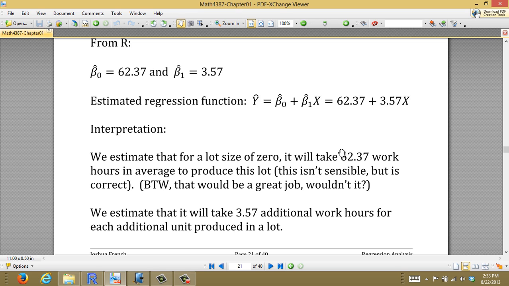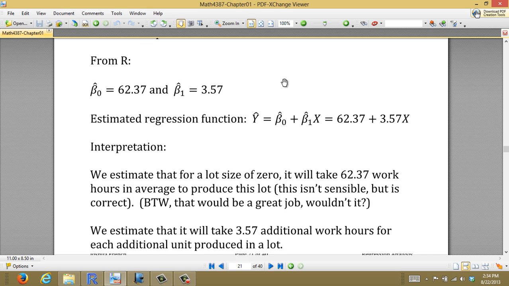Additionally, we'll talk about the interpretation of beta 1 hat, the estimated slope parameter. We estimate that for each additional unit produced in a lot, it's going to take about 3.57 hours on average to produce the lot of that size. So if you increase lot size by 1, you can expect about 3.57 additional hours on average for the job to be completed.